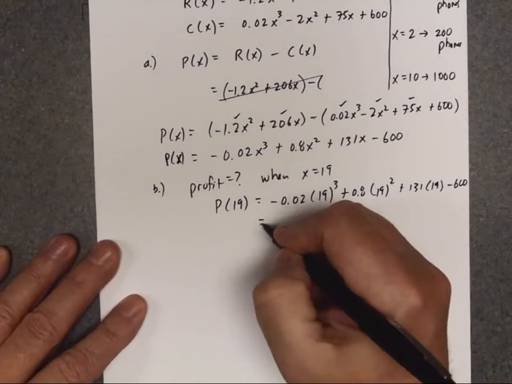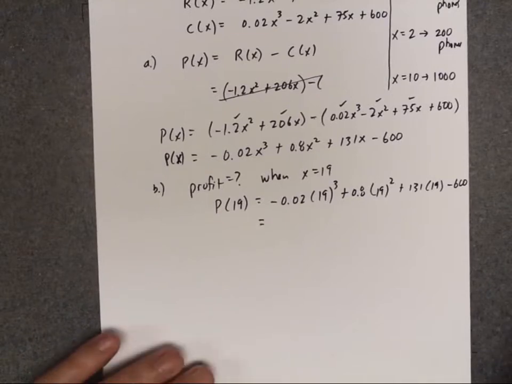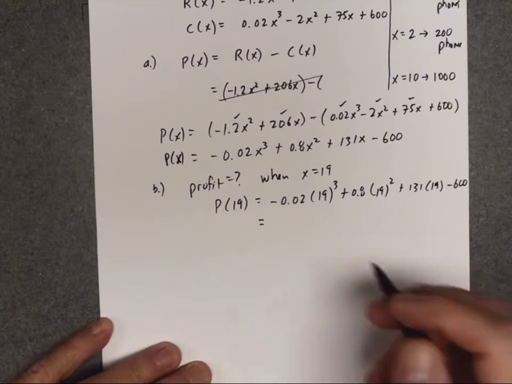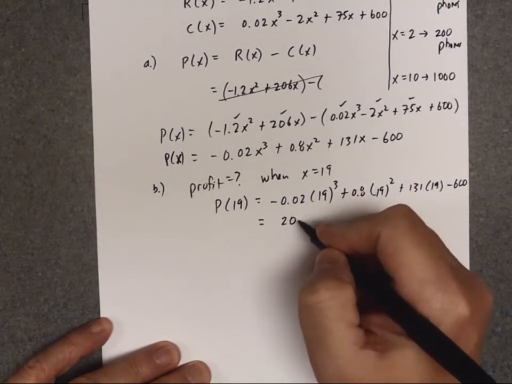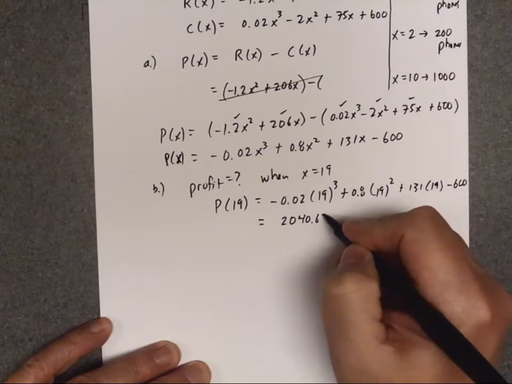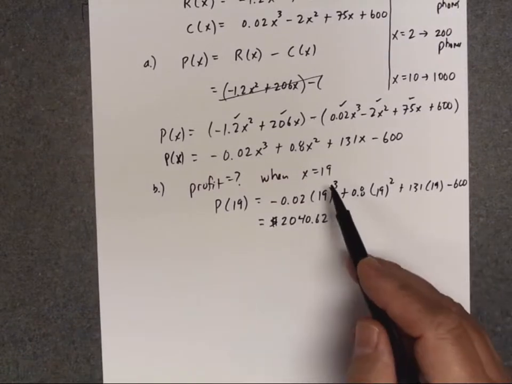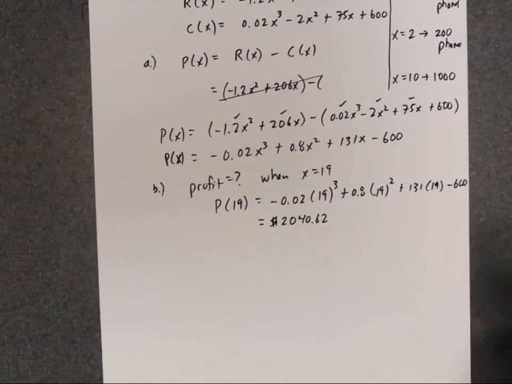Now this is a case where you definitely are going to want to grab your calculator, and everybody's calculator is different, so I'm just going to go ahead and use my calculator and hopefully come up with the correct number. Actually, I have the answer here, so let me just write it down. Turns out when you do the math, 2040.62, and that's money. So basically, when they sell 1,900 phones, they make a little over $2,000.